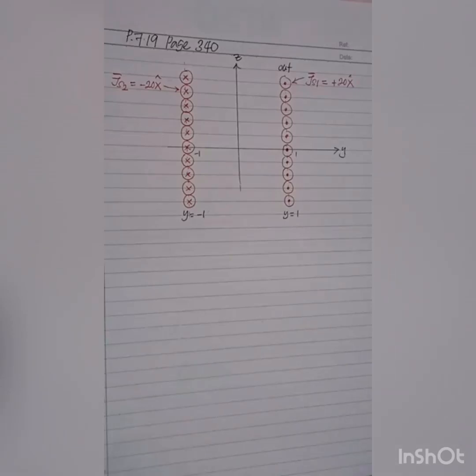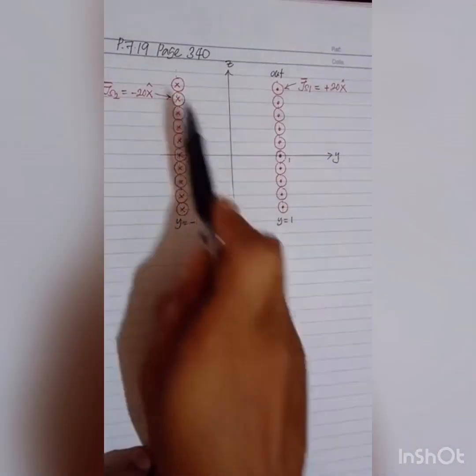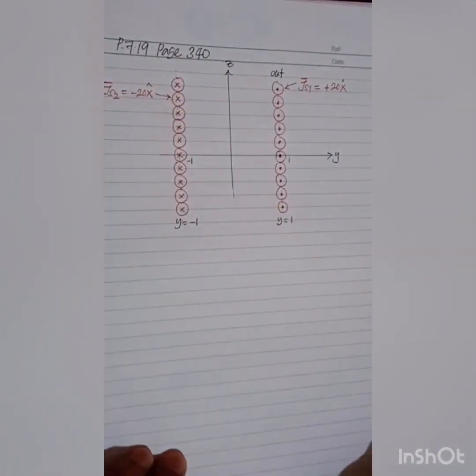Alright, my dear students, let's look at one more example on page 340, problem 7.19. As you can see from the question, you are given a surface current flowing in the positive and negative x directions.